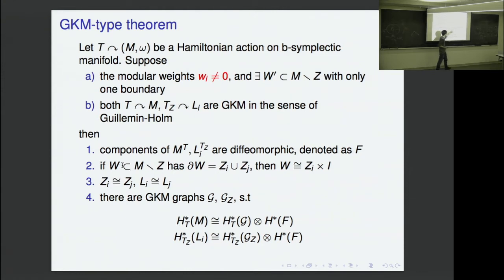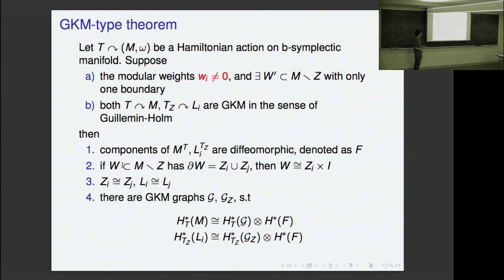So they will share the same connected components in the fixed point set, and that gives the same F here, but different GKM graphs. The idea is just to do the symplectic cutting and then apply the Guillemin-Sternberg theorem to the symplectic manifolds.